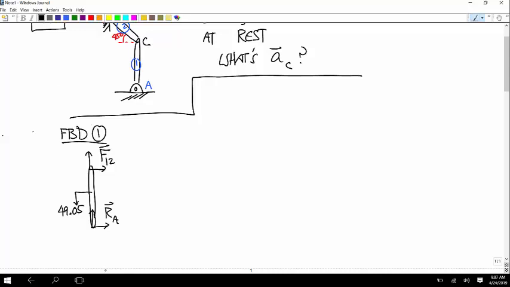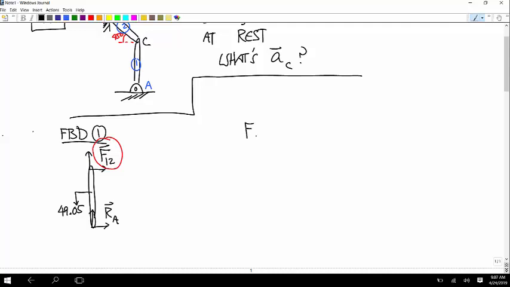When you write out Newton's laws, this has a fixed point, so we're not going to use Newton's second law. The only variable from this is going to be F1,2, and I guess it's only going to be the X component, actually.